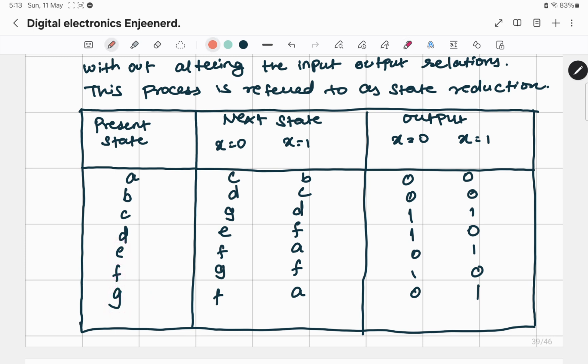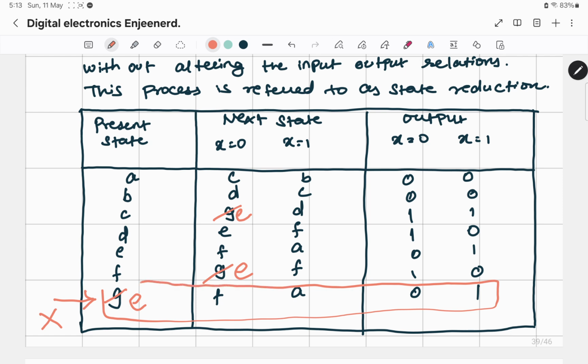So let's do that. I'm replacing G by E, which means this state will go away completely. I will no more have the G state. Along with this, in the table, wherever you have G, you have to replace it by E. This state will completely vanish; there is no more G available.